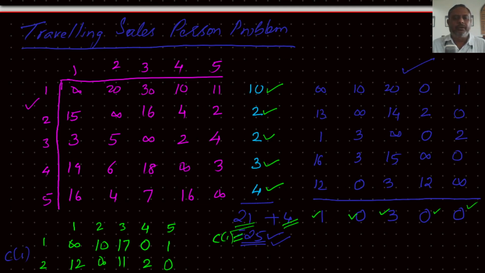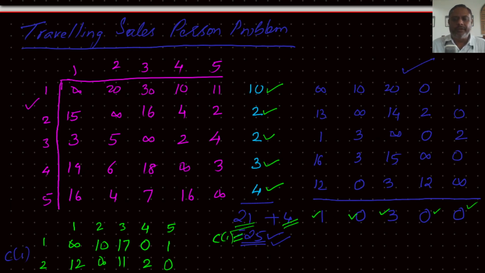Then looking for 1425, we find that this minimum is 0, this minimum 0, minimum 0. So C dash is 0. Therefore, C of 1425 is C 225 plus C 142 plus C dash of 5.